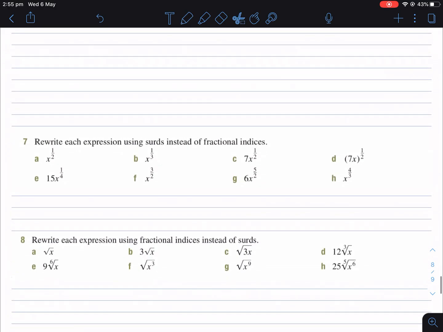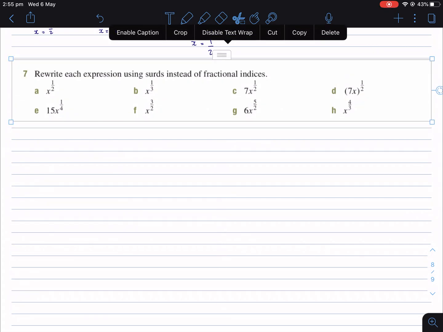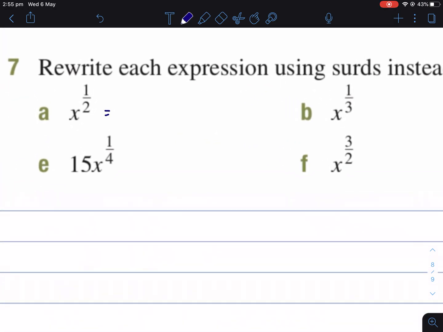Okay, question 7. So this time we're going to want to go backwards. Normally we've been turning stuff into indices because they're easier to work with rather than keeping them as surds, but we're going to go backwards. So this is the same as the square root of x. So it's always the number on the bottom goes out the front of this. Now we don't usually write the 2, so it's just square root of x.